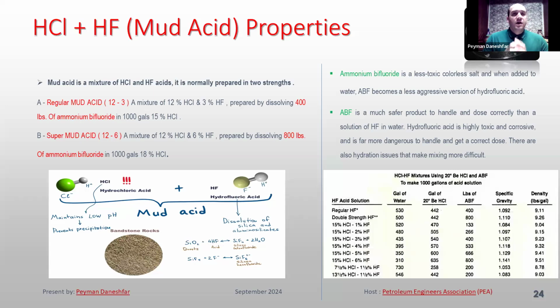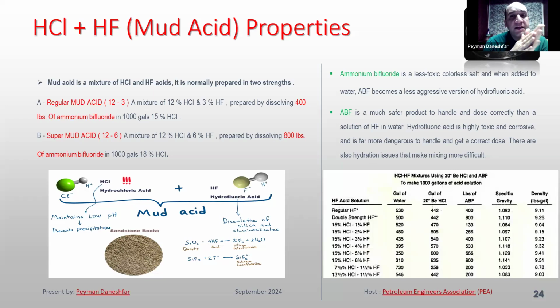In the field nowadays, maybe in the past they brought HF in a liquid form, but nowadays we don't use HF acid in a liquid form, and we don't bring it in a liquid form for our operation in the field. We mix the HCl with ammonium bifluoride powder, and our product will have hydrofluoric acid.